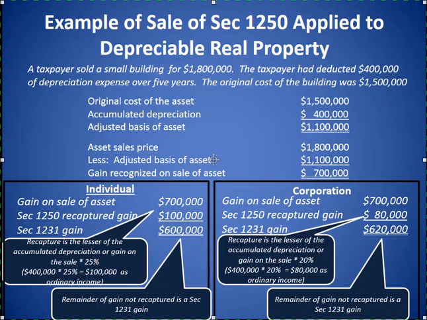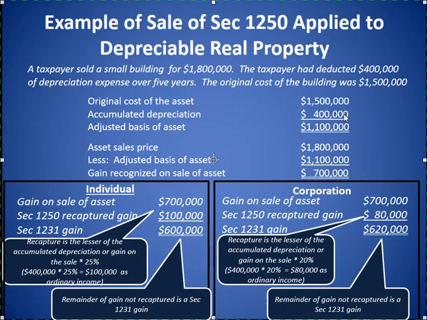in action. Okay, now let's assume a taxpayer sold a small building for $1,800,000. The taxpayer deducted $400,000 of depreciation expense over 5 years, and the original cost of the building was $1.5 million. So if we come up with the adjusted basis of our asset, the original cost of the asset was $1,500,000.